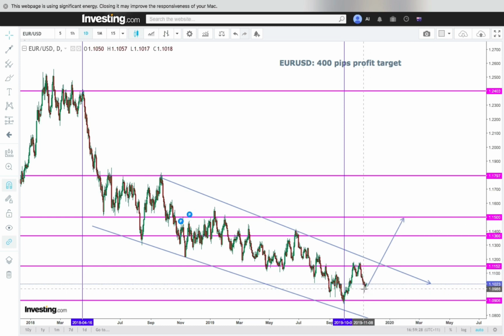And if you enter here, let's say you enter here with $1,000, and you wait all the way to 400, 500 pips, depending on the lot size, you're going to make a pretty good return. Maybe that could be 200%, that could be 250% within 1.5 years or 2 years.